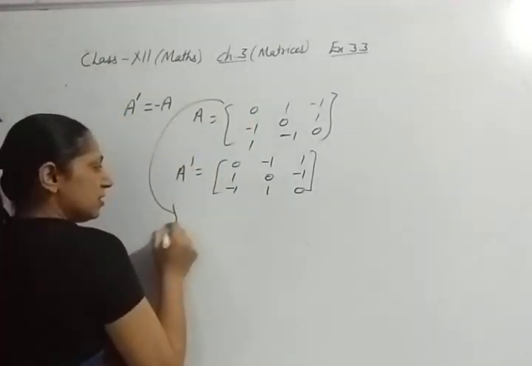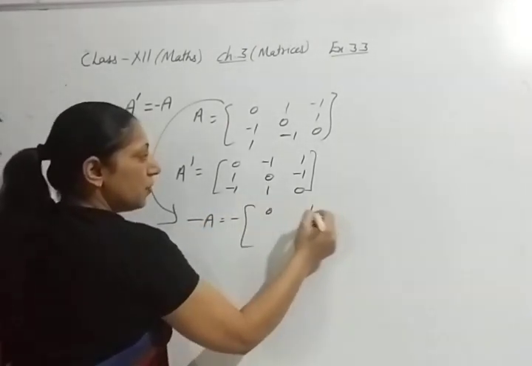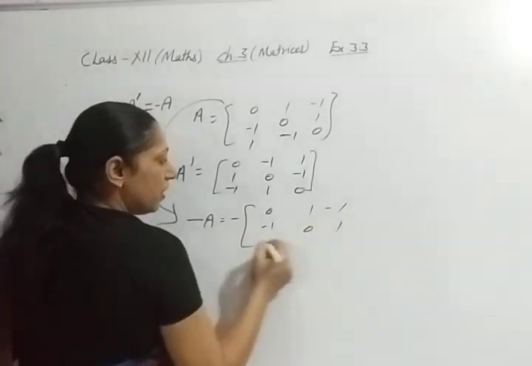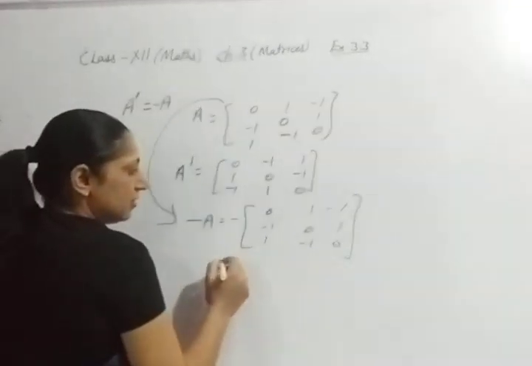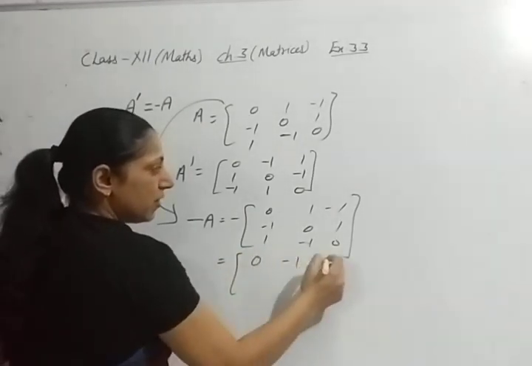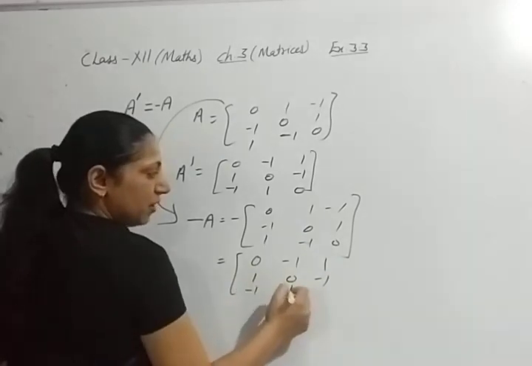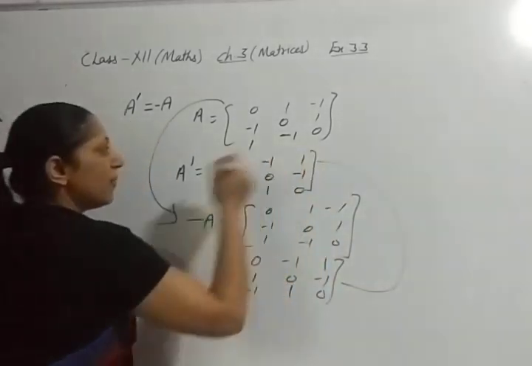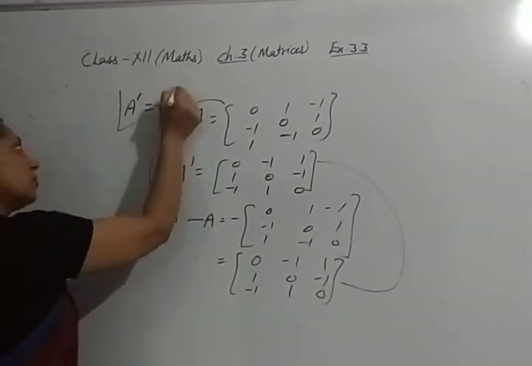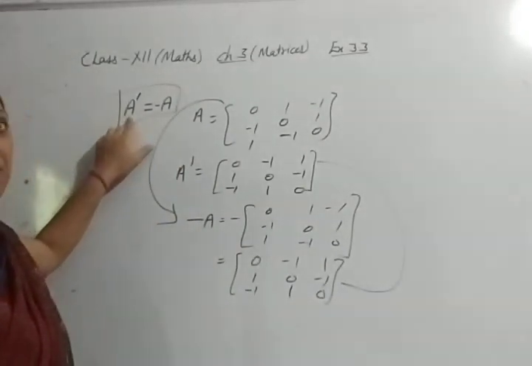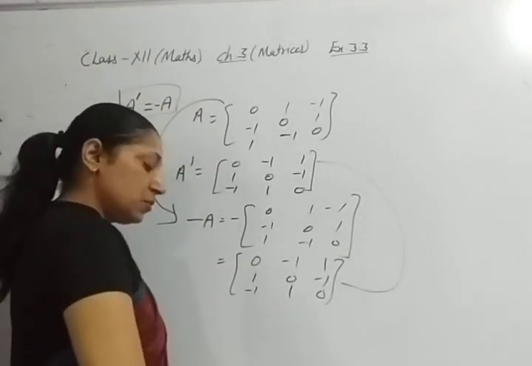So minus of A is equal to minus of [0, 1, minus 1; minus 1, 0, 1; 1, minus 1, 0]. Now multiply minus inside it, so it's 0 minus 1 1, 1 0 minus 1, minus 1 1 0. Then these matrices are equal. It means A is a skew symmetric matrix. If we take the transpose of it, then it will be negative of that matrix, and that is called a skew symmetric matrix.